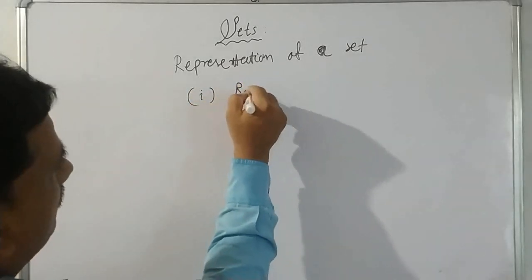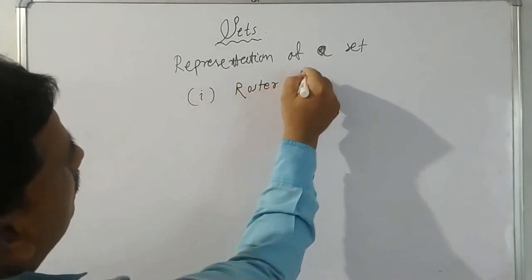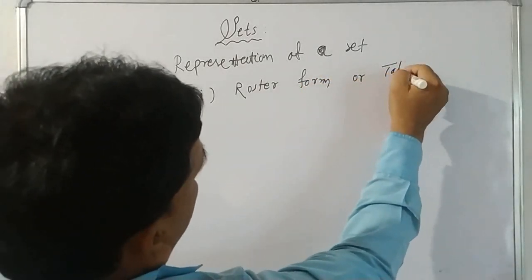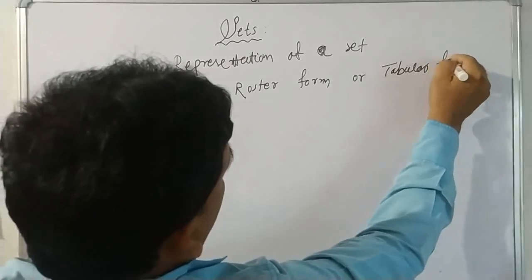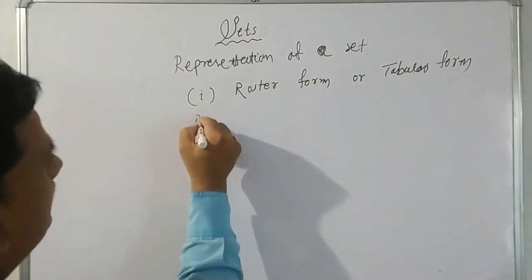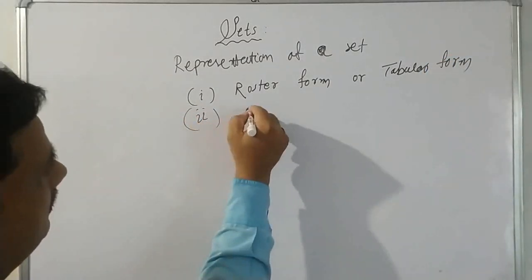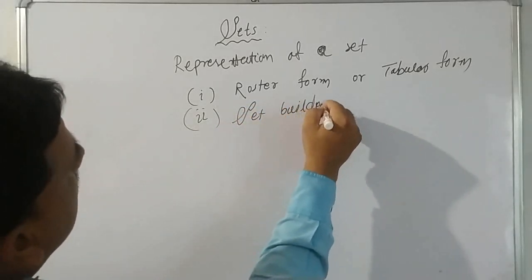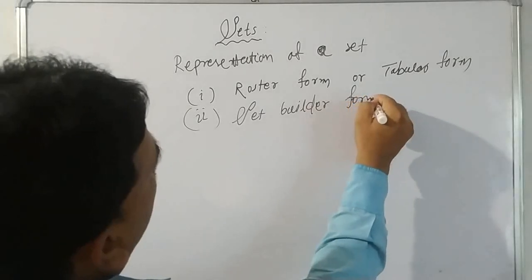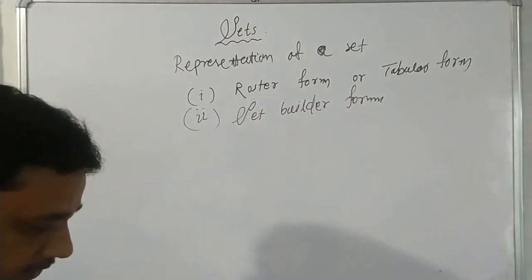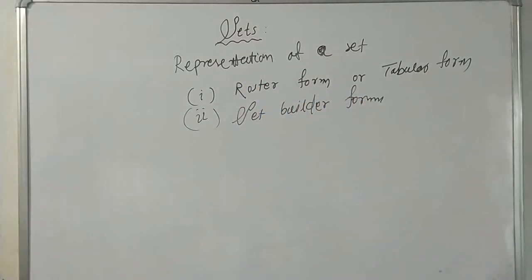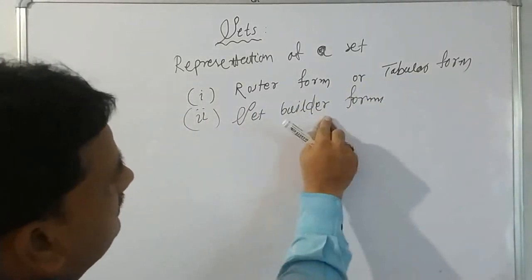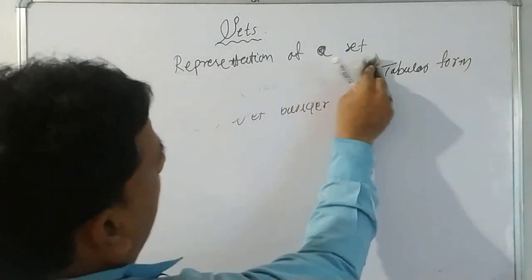One is roster form or tabular form, and the second one is set builder form. I will tell you how to write it. Let us discuss one by one.